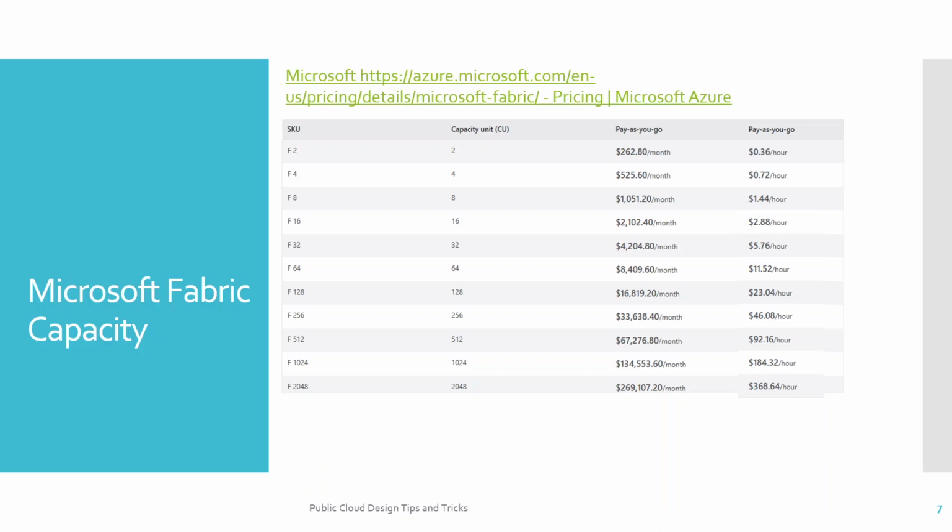F2 is the lowest one with two capacity units, F4 is twice of F2, F8 is twice of F4, and like that you can go on. Then you can calculate based on month and hour how much you're going to pay for this, and based on your data element requirements, you can choose your SKU or the plan basically.